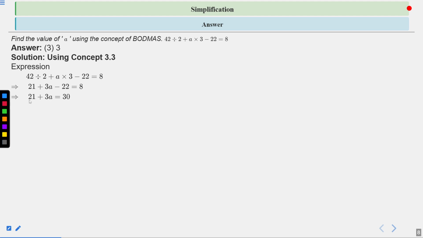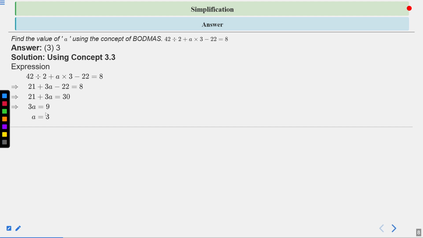Now we can clearly see that 21 plus 3A equals 30. Now we can change the side of 21 also from left hand to right hand, and the sign will change. So 30 minus 21 becomes 9. So 3A equals 9, and we get the value of A, which is 3. So the third option is the correct answer of this question.